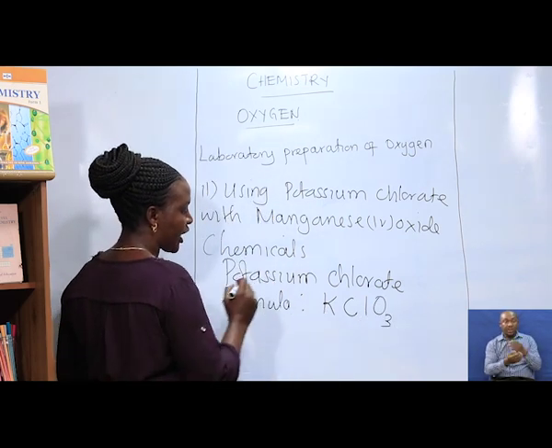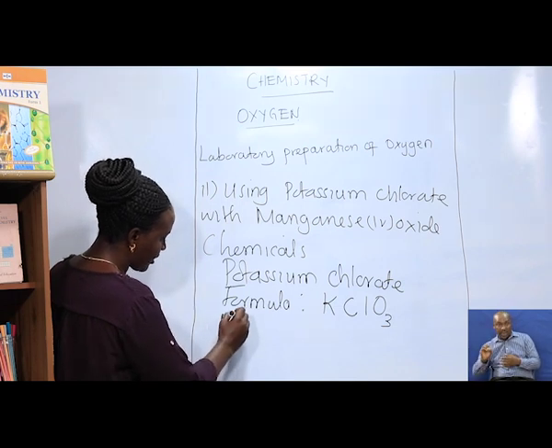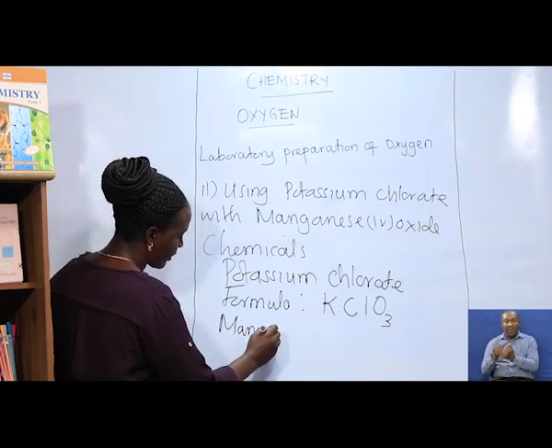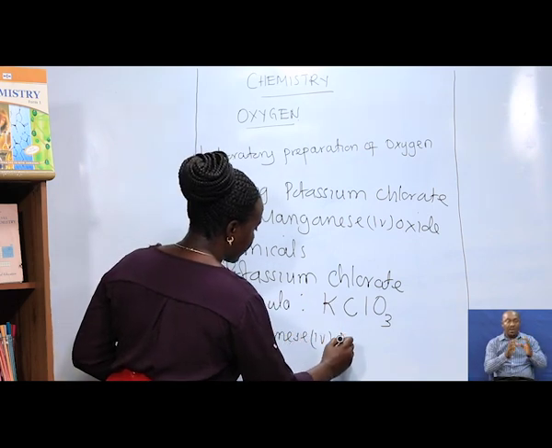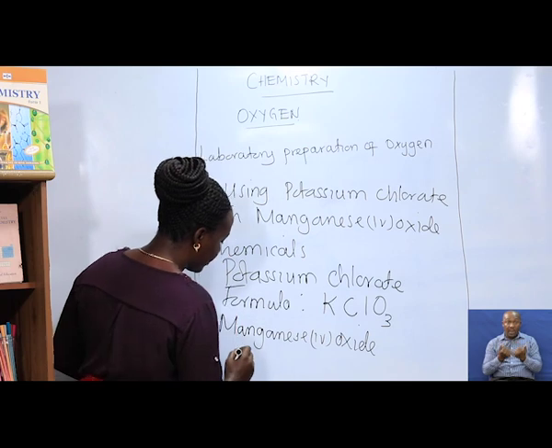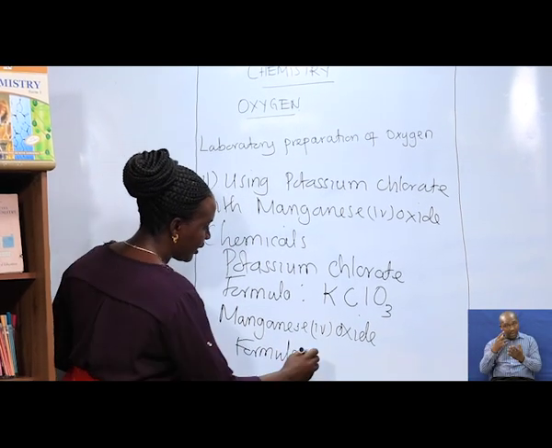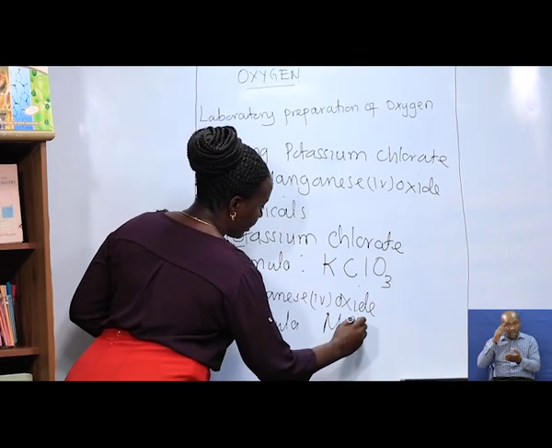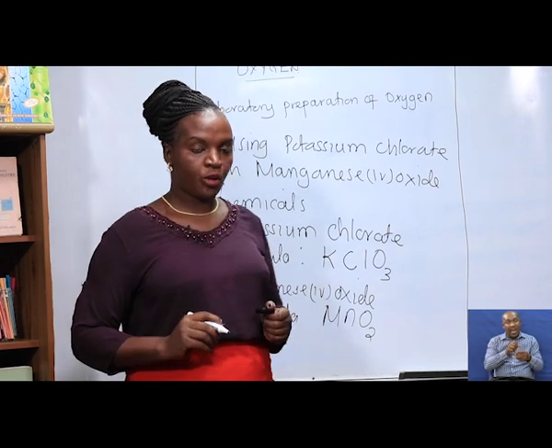This is potassium chlorate. And another chemical that you're going to have is manganese 4 oxide. How is it written by using a formula? You should know the word and the formula. This is MnO sub 2. That is manganese 4 oxide.